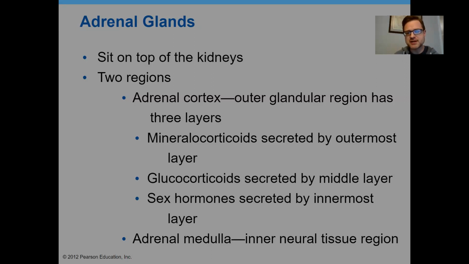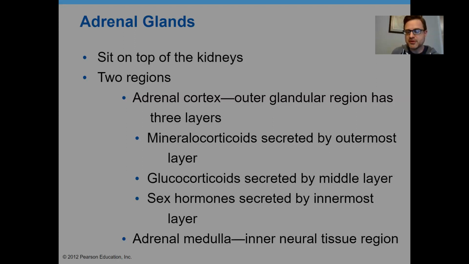The adrenal cortex is the outer glandular region because it produces hormones. It has three layers. Mineralocorticoids are secreted by the outermost layer. Glucocorticoids are secreted by the middle layer, and the inner layer secretes sex hormones.